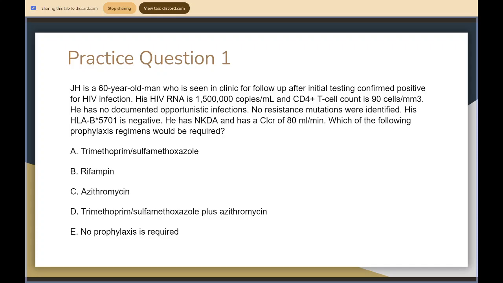His HLA-B5701 is negative, no known drug allergies, and creatinine clearance of 80. Which of the following prophylaxis regimens would be required? Choice A, trimethoprim sulfamethoxazole. Choice B, rifampin. Choice C, azithromycin. Choice D, trimethoprim sulfamethoxazole plus azithromycin. Or choice E, no prophylaxis required.